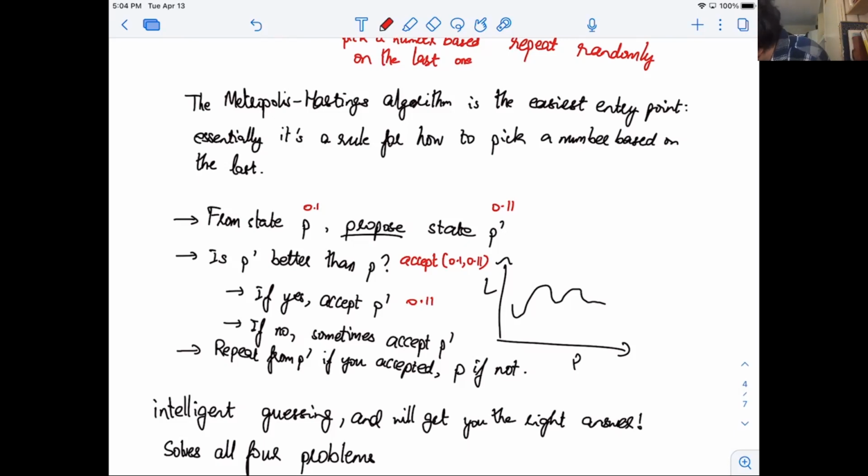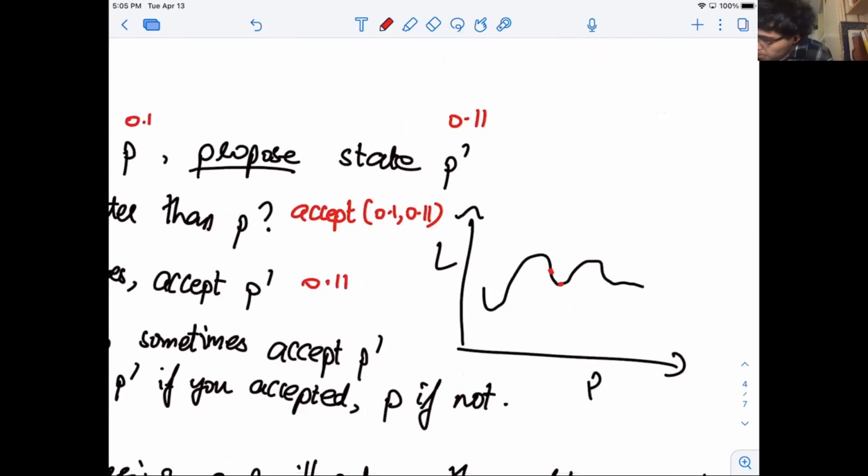So here's why. Let's say we've got this over here, and I've got 0.1 over here, 0.11 here. What I'm plotting is the loss function, the same thing we were working with trying to minimize before.